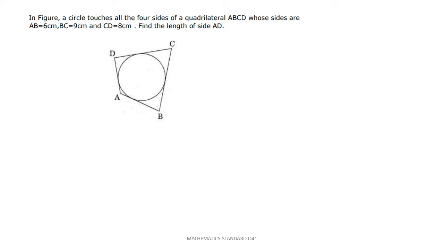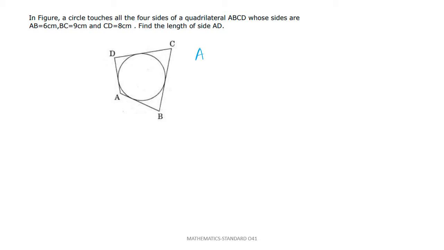So you should know the theorem of a quadrilateral drawn touching all 4 sides of a circle. So what is that theorem which is related with that? We have a circle and the quadrilateral is drawn touching all the sides of the circle.